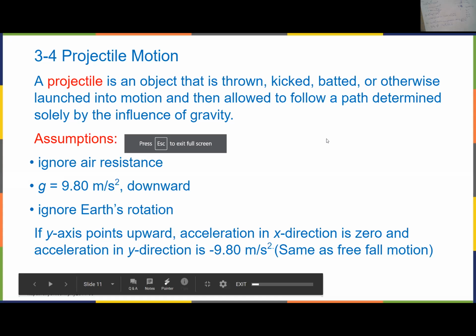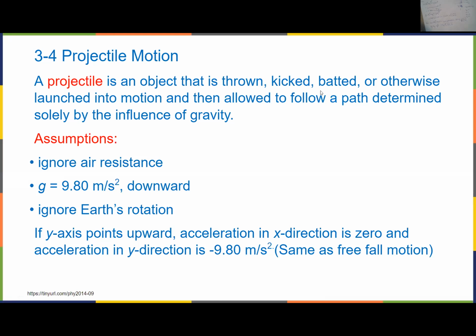So the next section, or the last section in this textbook, talks about projectile motion, okay? So in the previous chapter, we talked about free fall, which means you throw an object upward or downward, okay, in the vertical direction, then the object is having just gravitational acceleration on it.